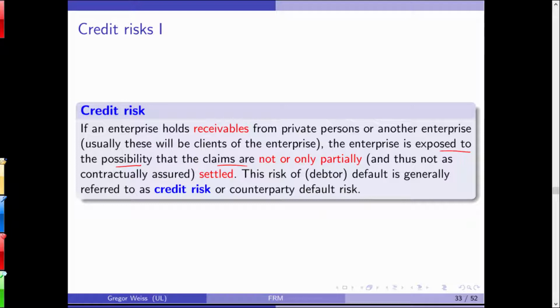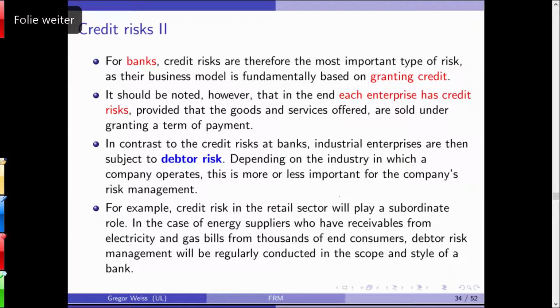So they have huge credit risk exposure. It's different from bank loans because the risk exposure is standardized and it's small for each customer, but in sum it's quite huge. So energy companies, industrial companies, they all face credit risk, or sometimes it's referred to as counterparty default risk, and we'll talk about this in more detail.